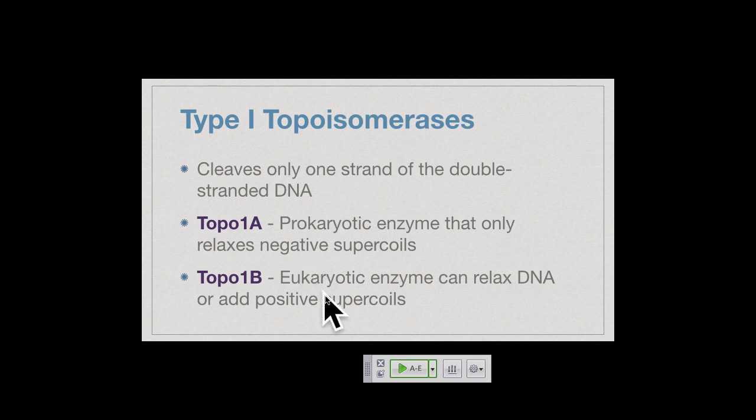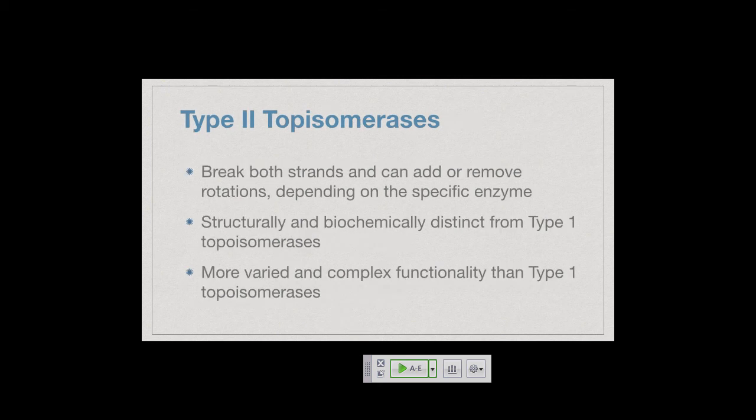Topo 1B is a eukaryotic enzyme that can either relax the DNA or even add positive supercoils to it. Topo 2: the main difference between the type 1 and the type 2 is whether they only break one strand of the DNA or break two strands. But the end result is pretty much the same. So the take-home message is you have this category of enzymes, the topoisomerases, which are required for controlling the level of supercoiling in the DNA molecules.